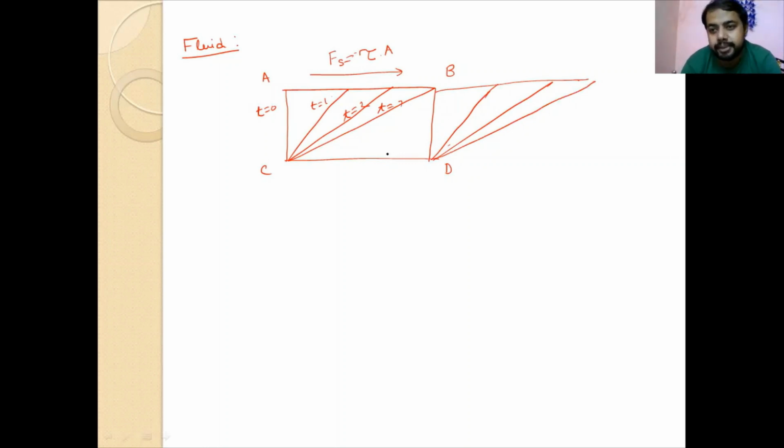So fluid is such a substance which undergoes continuous deformation under the influence of shear stress. The magnitude of this shear force may be very small, negligible, but still this substance will undergo continuous deformation.